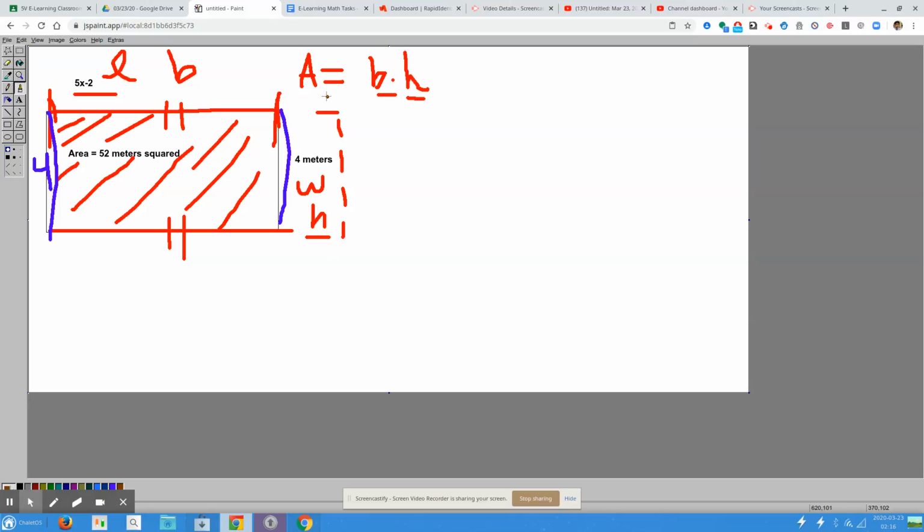Let's make an equation, I should say, using a formula. If the formula for area of a rectangle is base times height, we can use this information to write our equation. Base times height: 5x minus 2, that's the base, times the height of 4, is equal to 52.